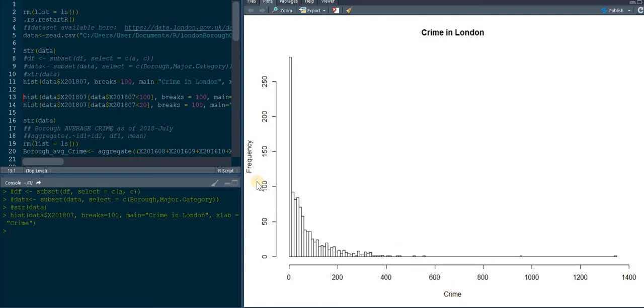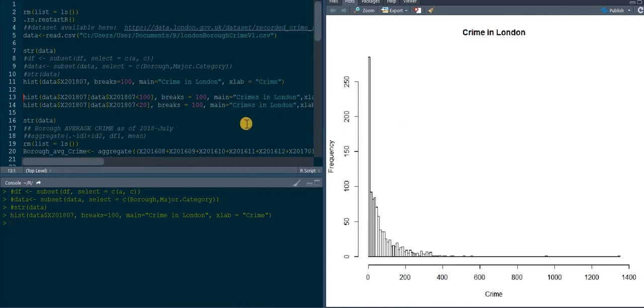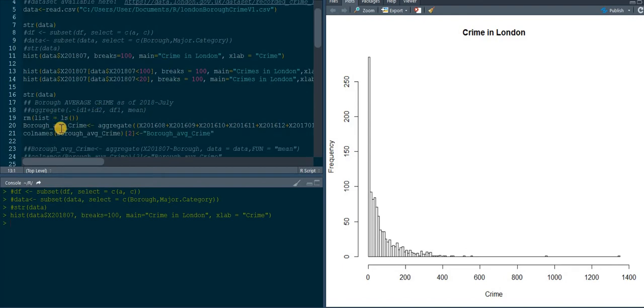It doesn't mean anything, it's just a frequency chart. It's just to see how our data is spread across the dataset.